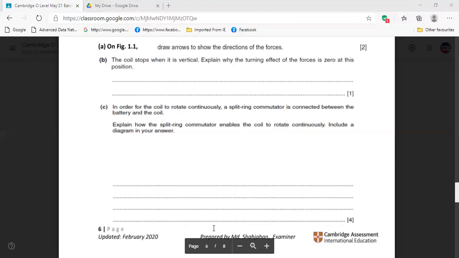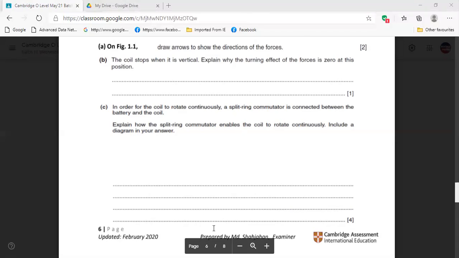Then you see that each side of the split ring touches the other terminal of the brush, and the current reverses in the coil, changes terminals to connection to the battery, right?